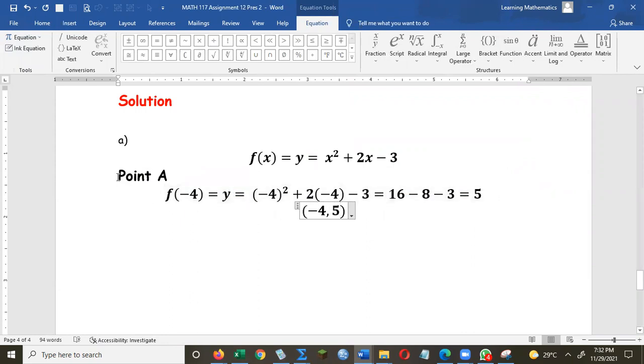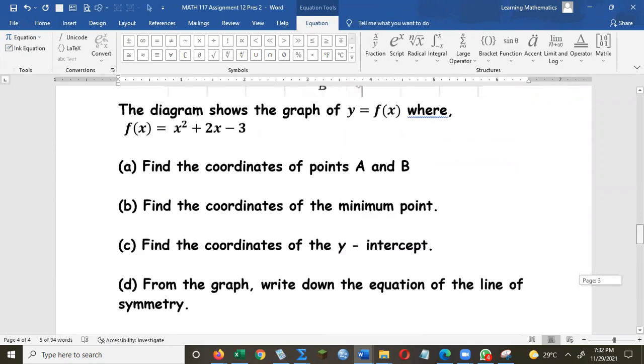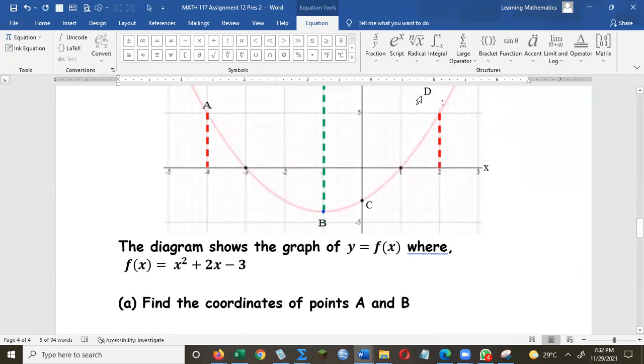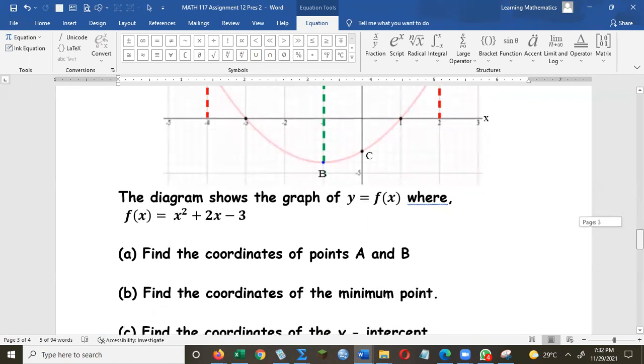So we're going to do point D now. We have to use 2. Again, let's see if we get 5 according to the graph.